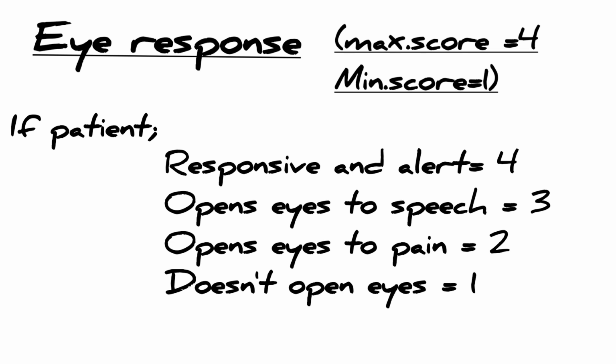For example, if I say, "Hey Moses," and he opens the eyes, you award a score of 3. Then we award a score of 2 in case someone is only responsive to pain. When you inflict pain on them and they respond, we award 2. Then we award 1 mark in case someone is totally unresponsive, so they are unable to open their eyes.